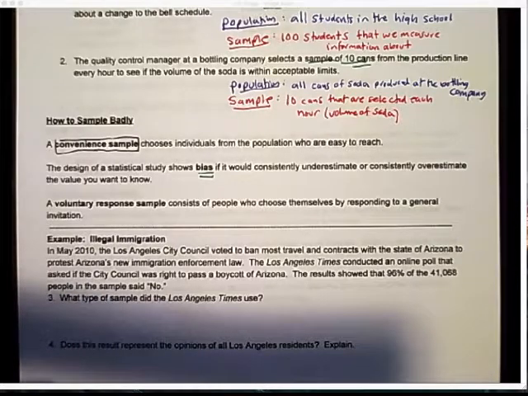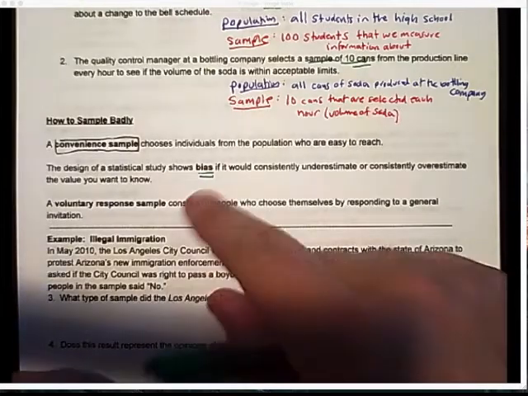So for instance, if you wanted to know what the average income or the average salary of the typical American is, and your sample only contained professional athletes, that would be a sample that has bias.